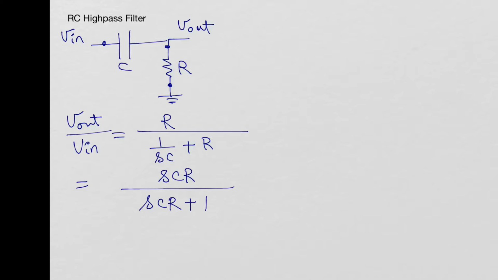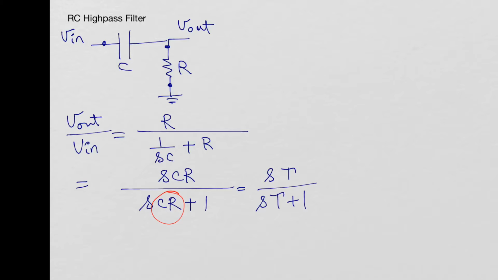If you look at this, it is in the form of s tau over s tau plus 1. So it has a pole at 1 over CR, and then it has a zero.